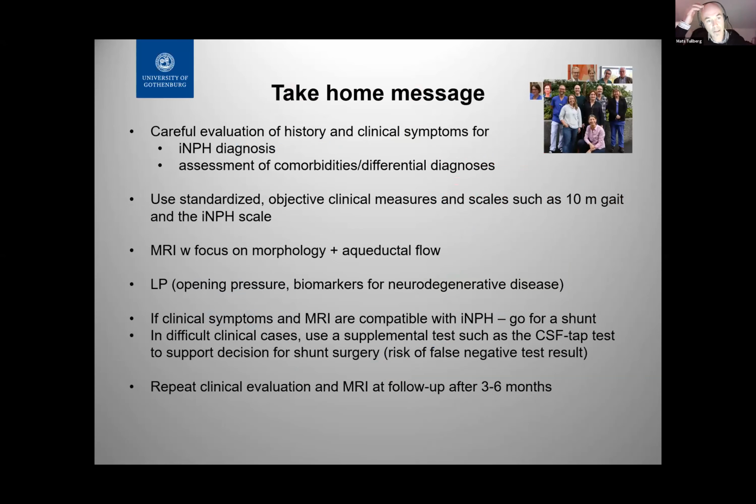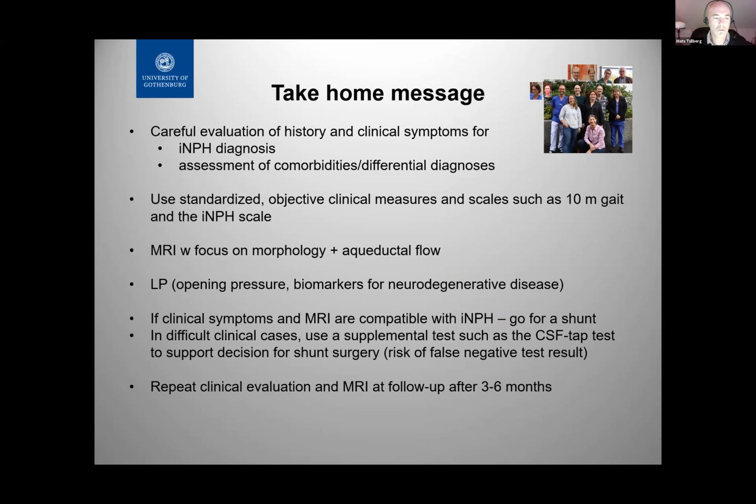So I'm beginning to come to the end of this talk, and I put some take-home messages here. Careful evaluation of history and clinical symptoms should be done for a diagnosis of INPH and for assessment of comorbidities. You should use standardized objective clinical measures and scales, such as the 10-meter gait test and the INPH scale.